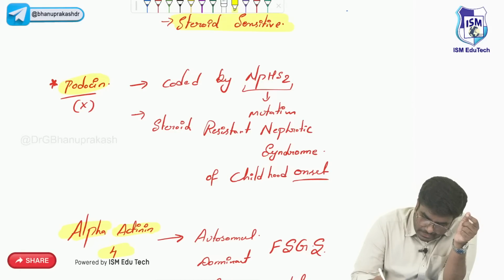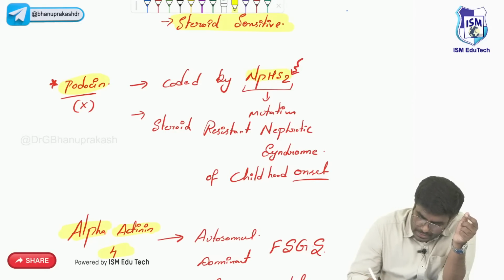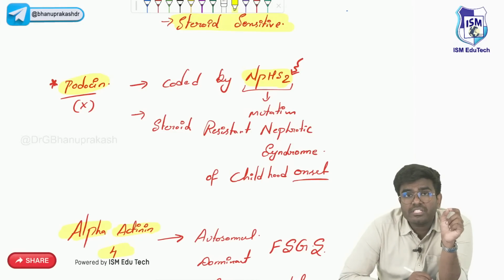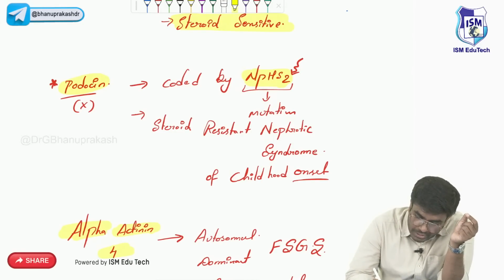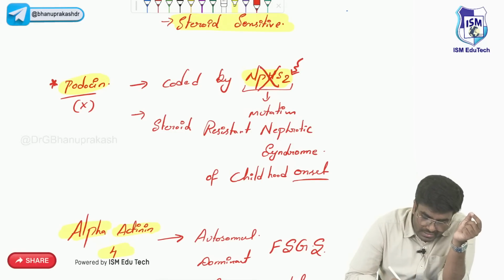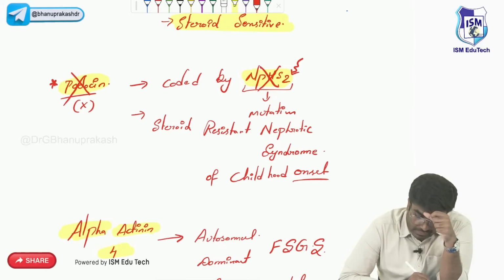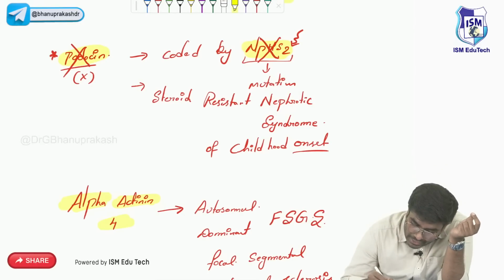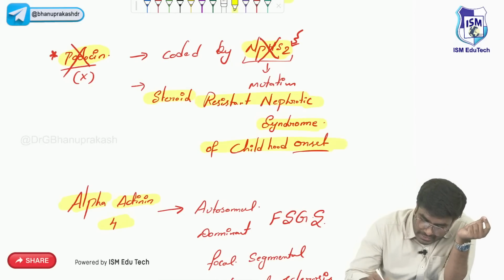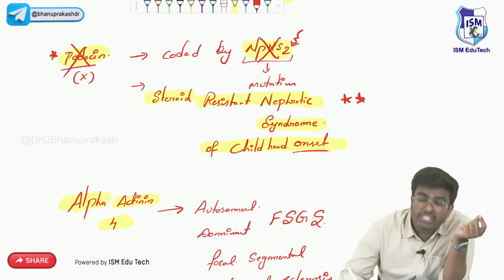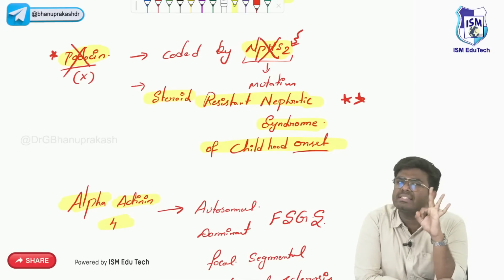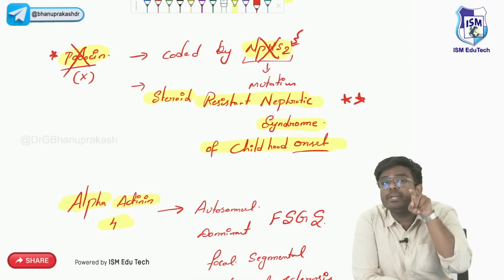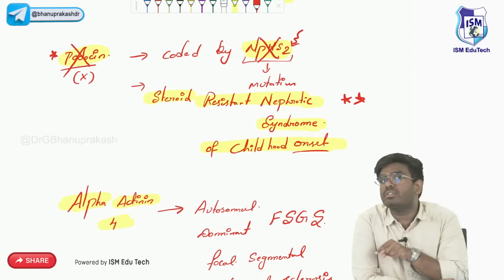Podosin is produced from the NPHS2 gene. Mutation of NPHS2 will cause a defect in podosin. Whenever there is a defect in podosin, it causes a nephrotic syndrome called steroid resistant nephrotic syndrome of childhood onset. MCQ: steroid resistant nephrotic syndrome of childhood onset is because of the deficiency of podosin.